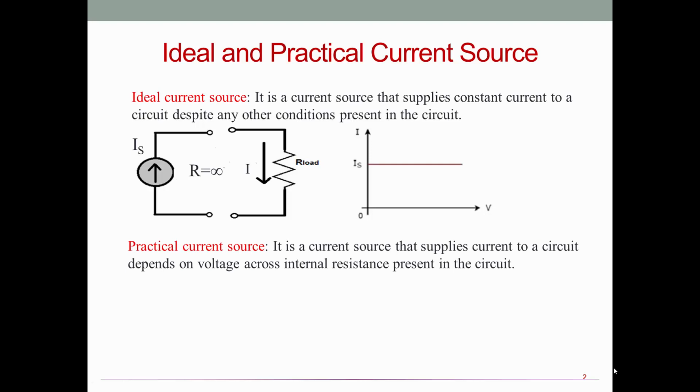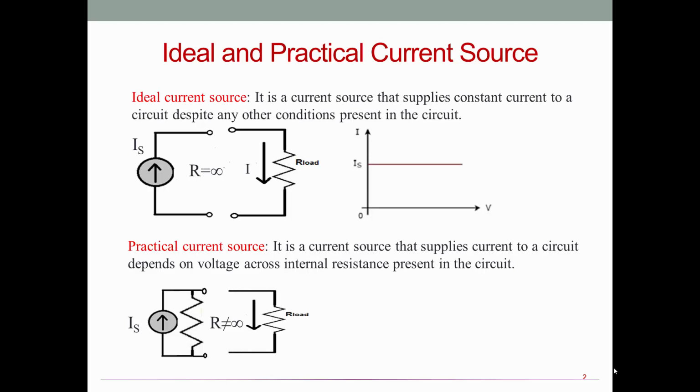Then the practical current source. It is a current source that supplies a current to a circuit depending upon the voltage across the internal resistance in the circuit. I am considering a practical current source where Is is the source current and R is not exactly infinite, we have some internal resistance.